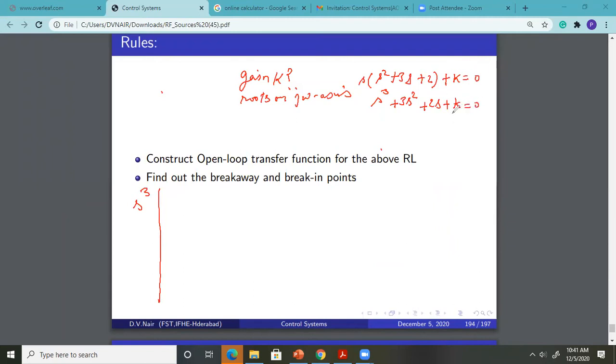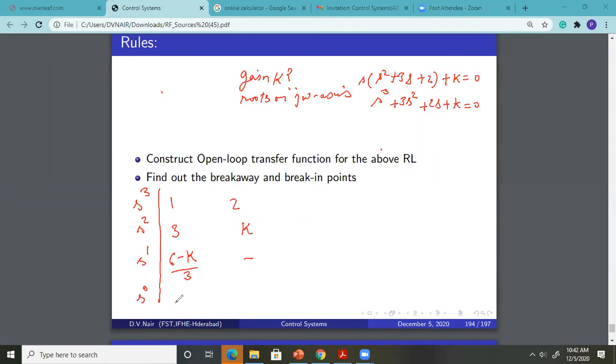What will be the elements for the s to the power 3 row? 1, then 2. Then the s to the power 2 row: it will be 3 and K. Then the s to the power 1 row: it will be (6 minus K) by 3.